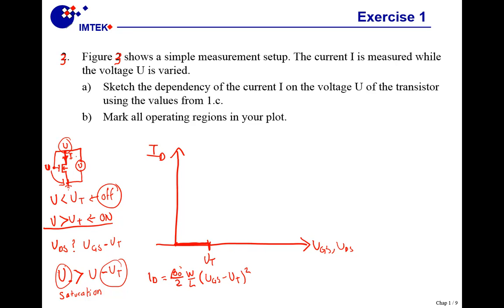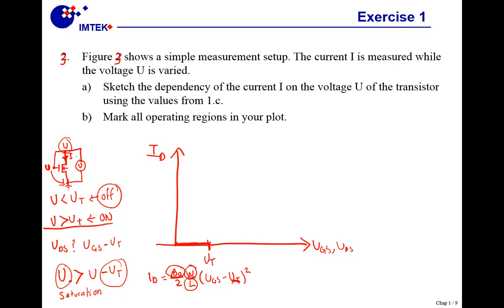Beta sub 0 is a material parameter, so we cannot change it. So we as designers cannot change this. So this is a constant. For W over L, we assume that the transistor remains the same size through this testing, so it's fixed, so it's also a constant. UT is also a constant, so it's defined by the material parameters.